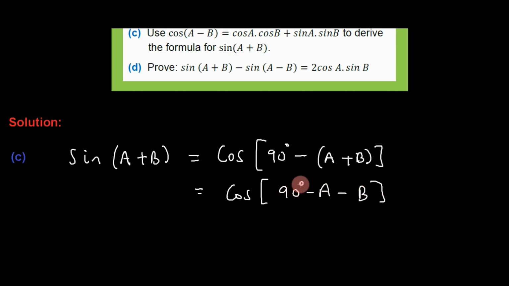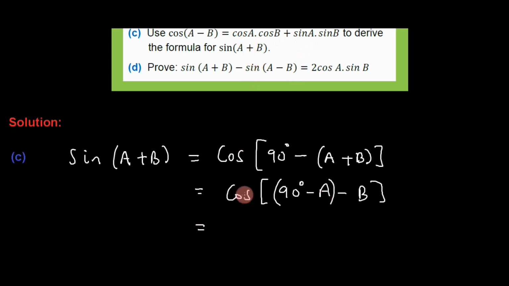And we're going to regroup. We're going to group the first two terms together. And this is in the form cos of A minus B, which is what we need to use. Except for having an A, we have 90 degrees minus A. So we can apply this expansion and just replace A with 90 degrees minus A.